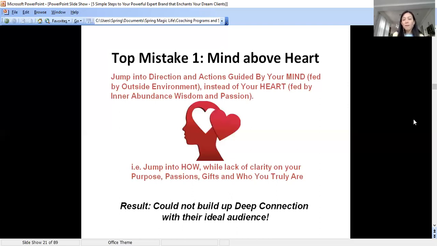For example, some marketers keep promoting and sharing either their own or other people's stuff. They are not really connected with their best, their passion, who they truly are, and not providing values people can deeply connect with. They are not speaking the language of the heart, but more from their analytic mind, asking how I can make more out of it.